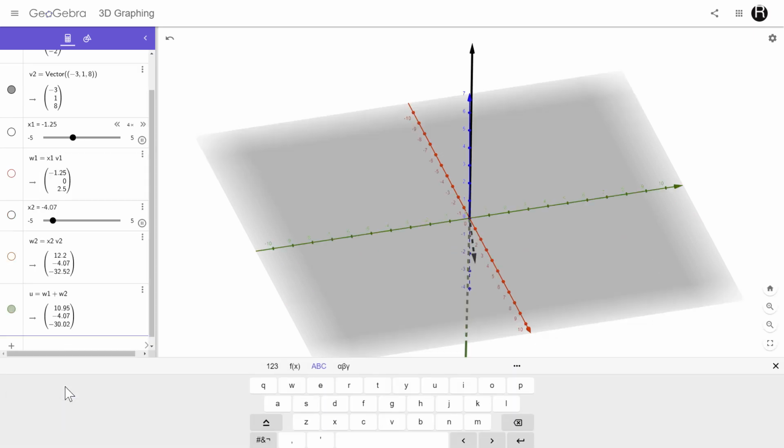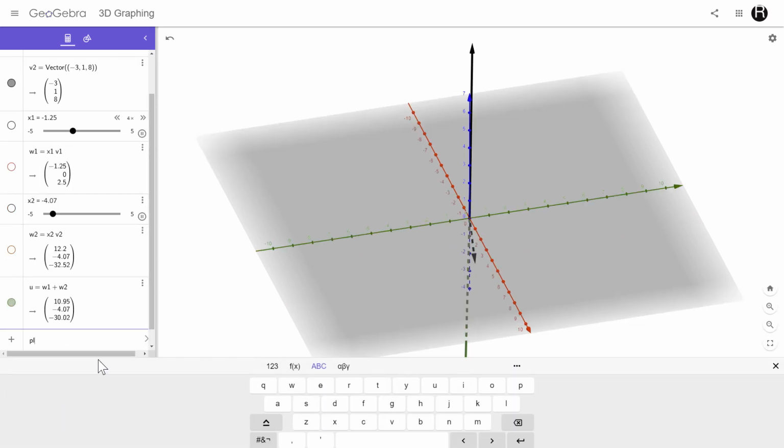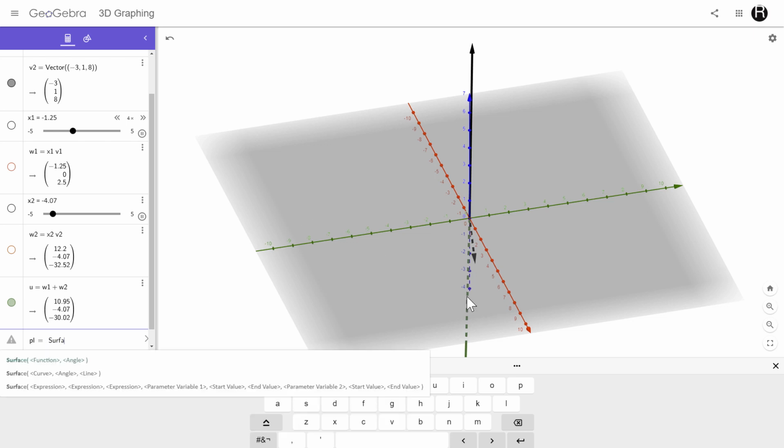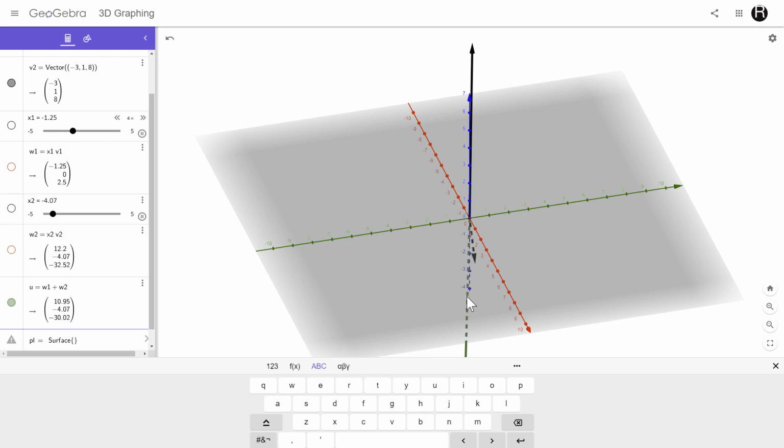I think we can create a plane by doing a surface command. So our surface command will involve those vectors. I think the parameters that we can use are u and v.